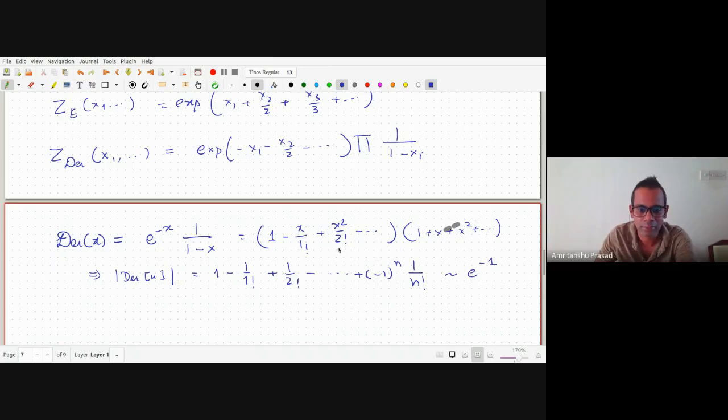This is E of x, or rather E of x inverse, and this is S of x. Okay, I hope everything is clear.